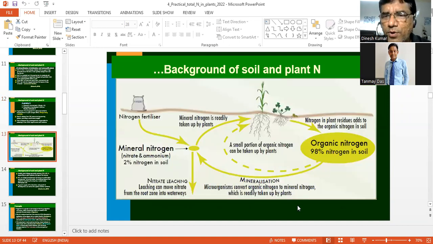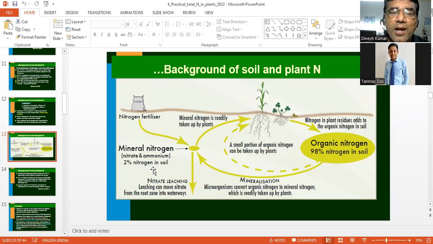So you can see a little more background of organic and inorganic nitrogen, how these two pools contribute towards mineral nitrogen or available nitrogen. See this central point. This is mineral nitrogen, nitrate and ammonium, 2% nitrogen in soil. 2% nitrogen in soil means mineral nitrogen is approximately 2% of the total nitrogen in soil.